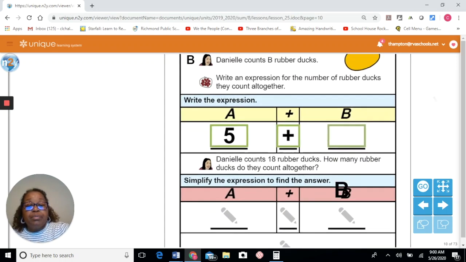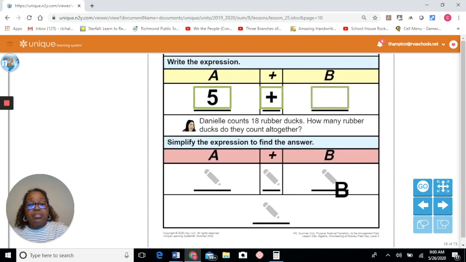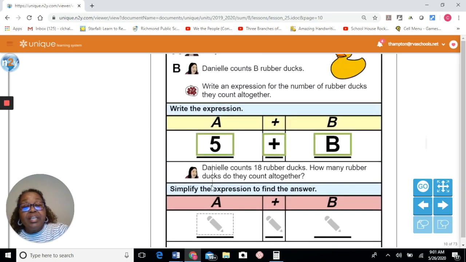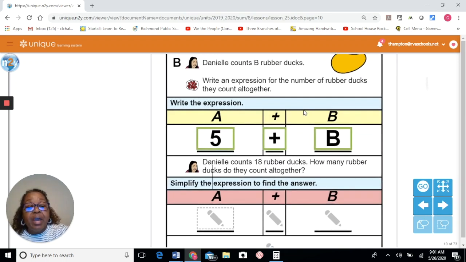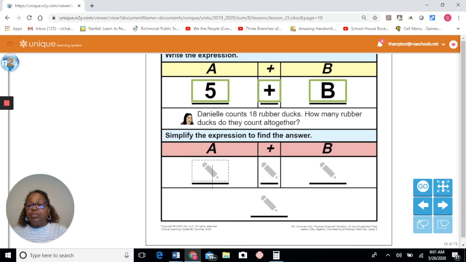All right, let's simplify it. Danielle counts. Now we find that Danielle counts 18 rubber ducks. See, Danielle was B. Danielle counts B ducks. We didn't know what B was yet, but now we know Danielle counts 18 rubber ducks. So let's put that in. We know that the A is what? 5.